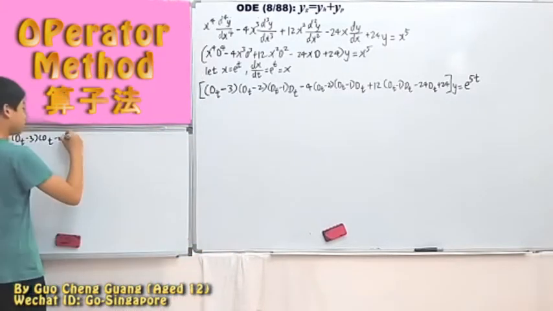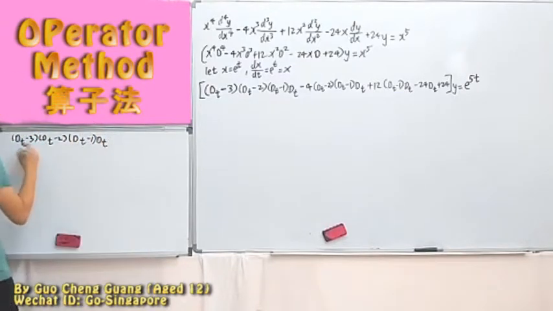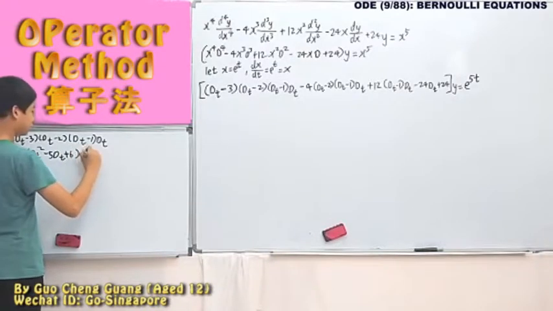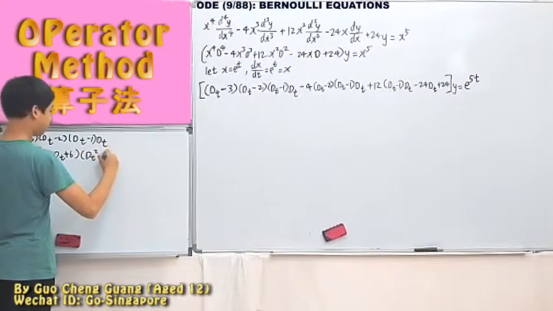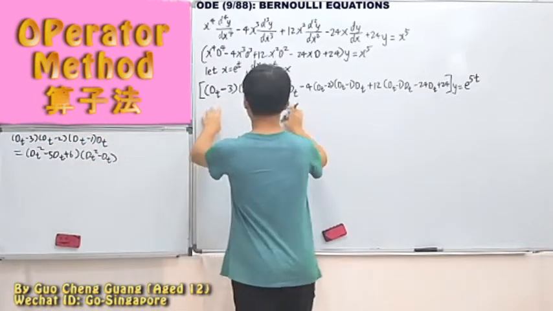If you want to use this method, I'm just going to show you one as an example. If you write it out like this, after that you change it into this form and then solve it. Or you can just straight away write it out.